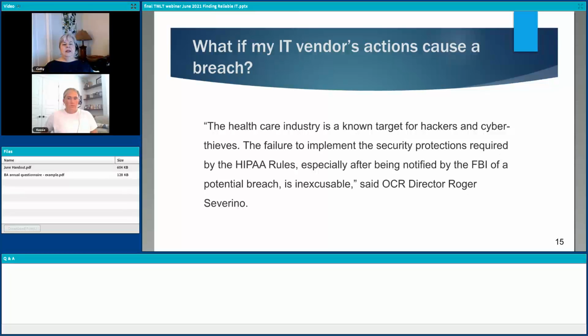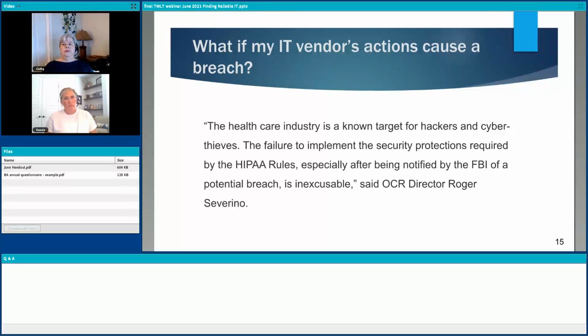There have been many cases of devastating consequences for practices when a practice has had complete confidence in their IT vendor and not actually done the trust but verify step. A couple of examples are backup systems that are not set up correctly.